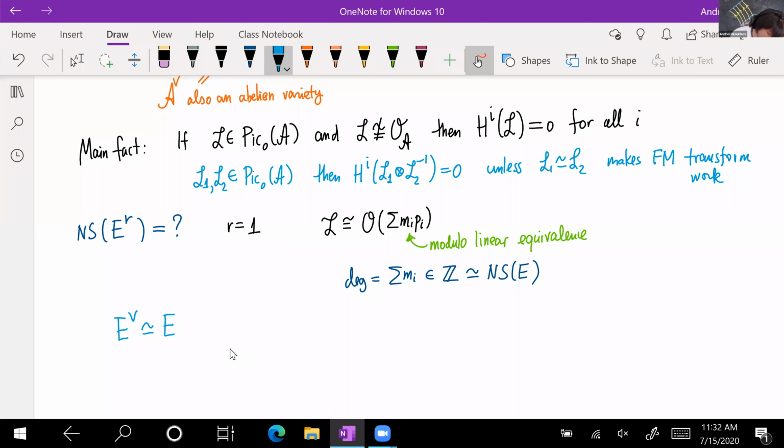So the universal line bundle, in general, sits over A cross A dual. So this is universal, it's called the Poincaré bundle.